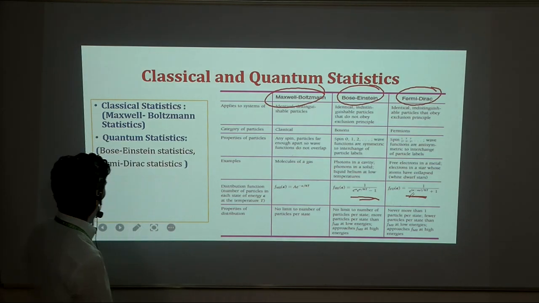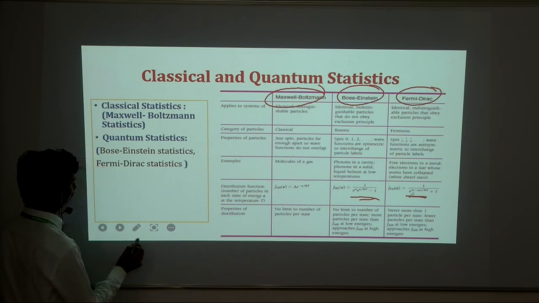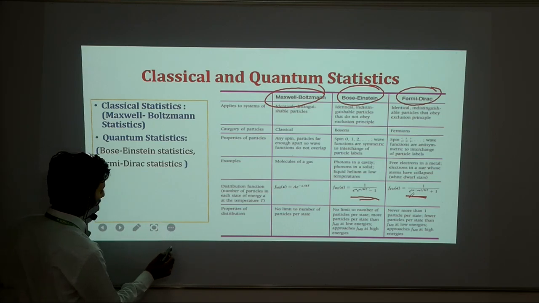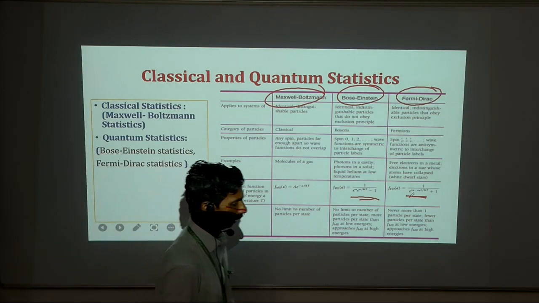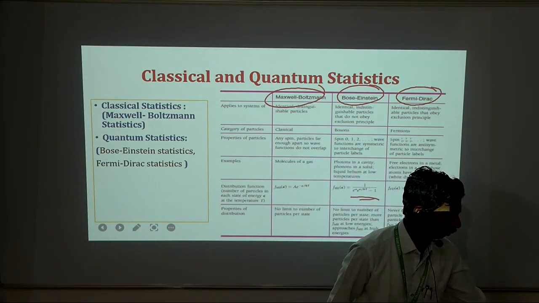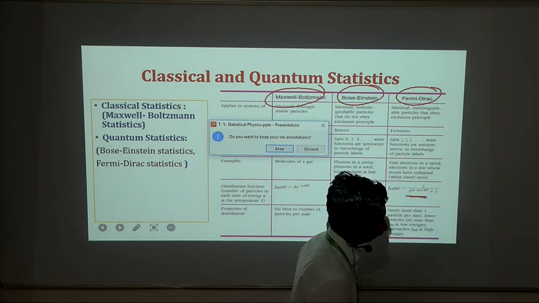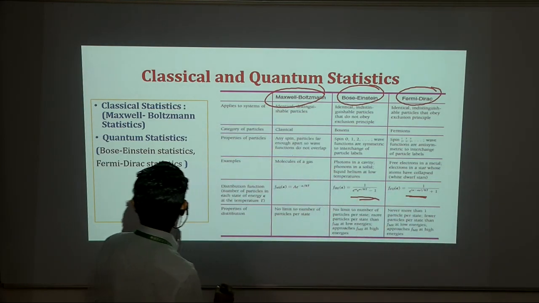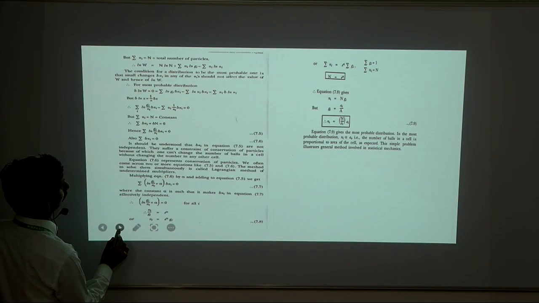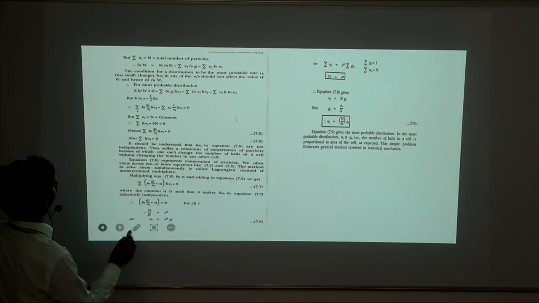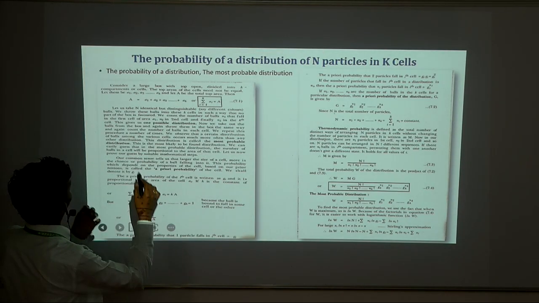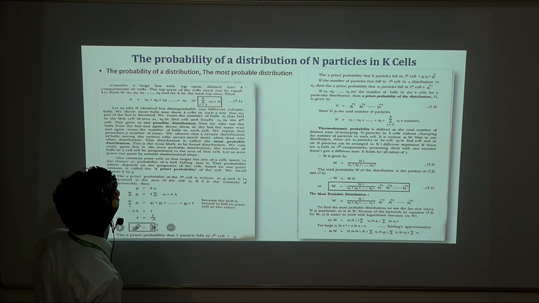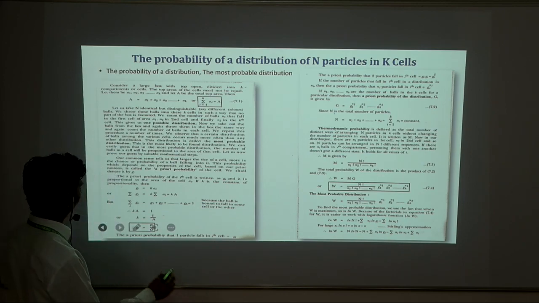So I am going to use the smart board for that, and we are taking the derivation with its help. We want to find out the probability of the distribution of the particles in the most probable distribution.